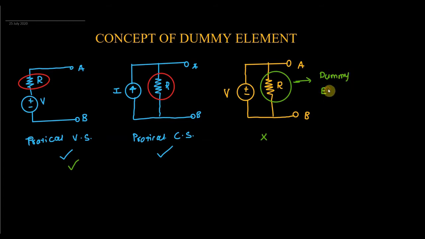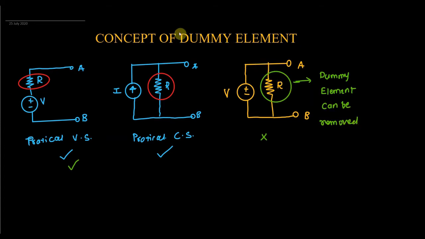I hope you understand what is meant by dummy element. If any element or resistance comes in parallel with a voltage source, then that resistance is treated as a dummy element, and that can be removed from the circuit.